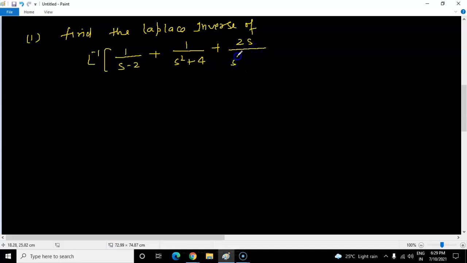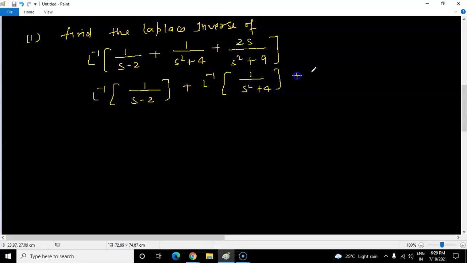So the Laplace inverse is given and we have to find it. We can split it into separate forms: 1 upon s minus 2, individually separate, 1 upon s square plus 4, and this is the Laplace inverse of 2s by s square plus 9.